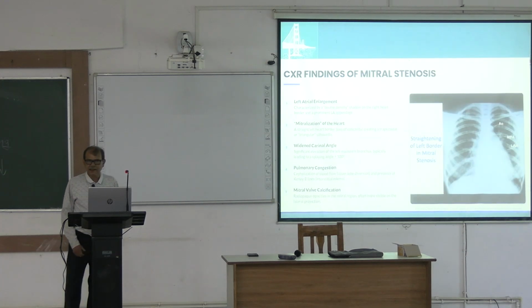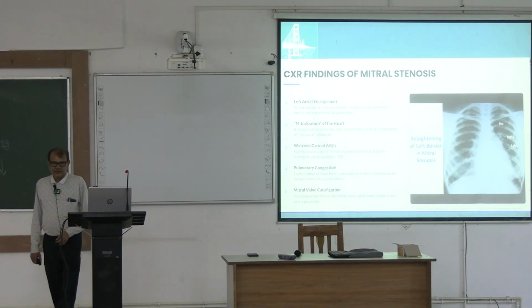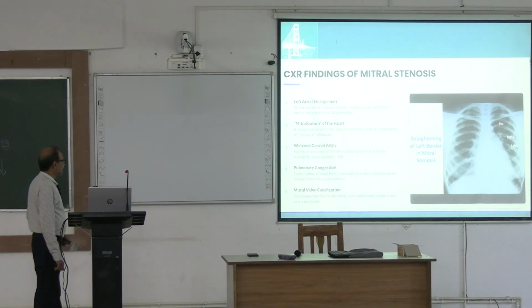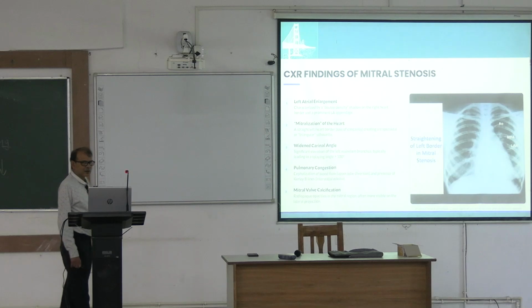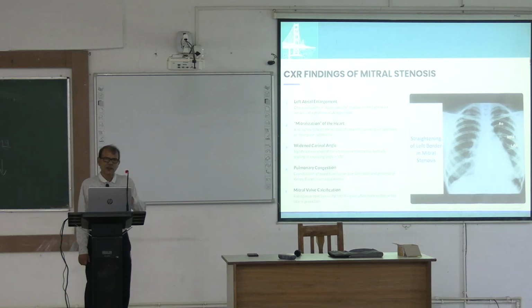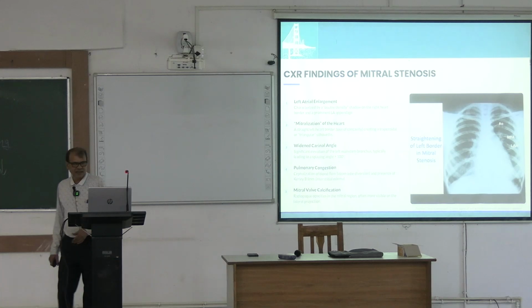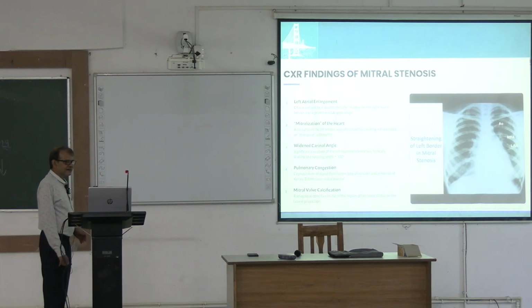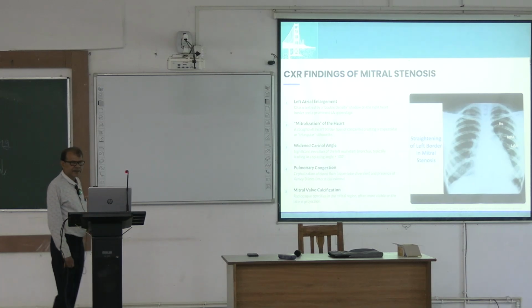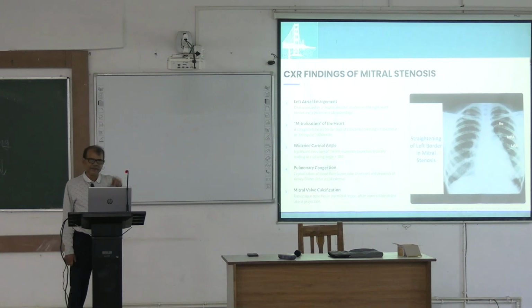CXR findings of the X-ray. First of all, the left atrial enlargement producing a double contour on the right side of the cardiac silhouette. Second, mitralization of the heart. That means straightening of the left border of the heart.